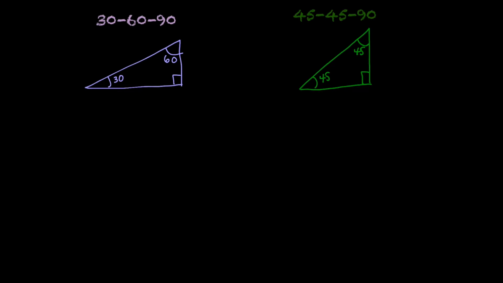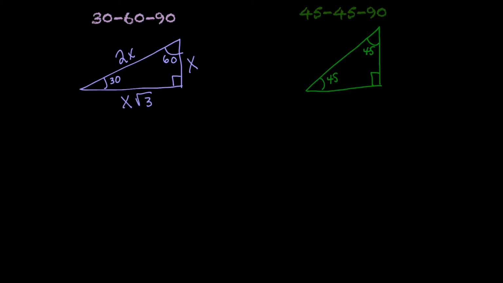So we had some definitions about the sides of each of these triangles. For the 30, 60, 90, the small side was x, the hypotenuse was 2x, and the other side was x square root of 3.